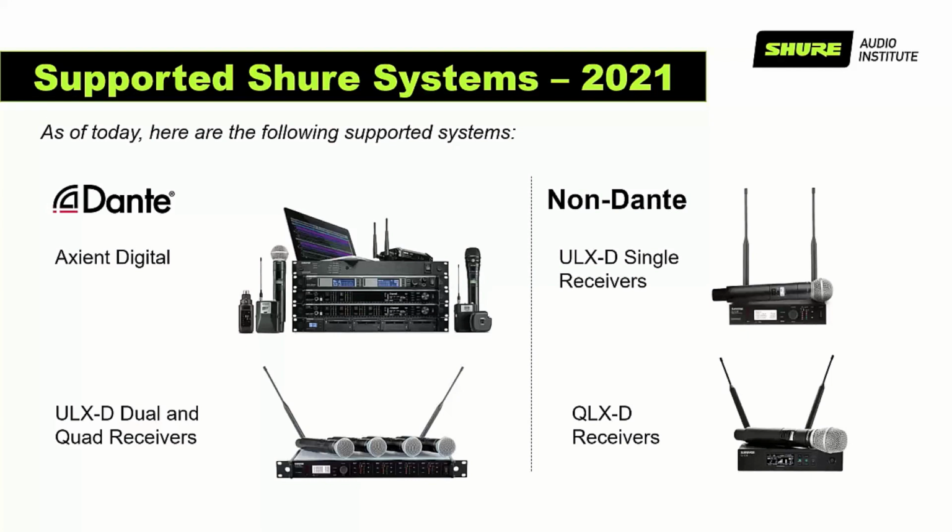The one non-Dante product that isn't shown here is the former Axient analog system. So that is also available for control on mixing consoles. But as I mentioned previously, as that was not a Dante-enabled product, you would still have to create the assignment between the audio side, which is analog, and the digital information that is coming into the console for that control aspect.